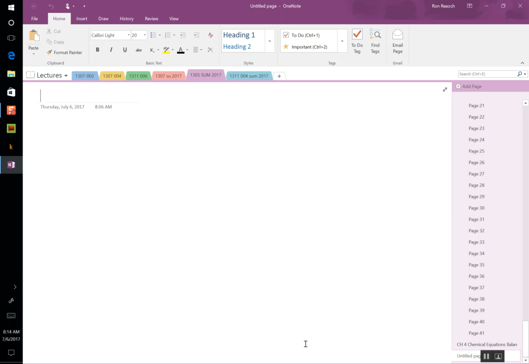So the mole is going to go down here, because that's what we want to cross out. And it's 101.96 grams of aluminum oxide per mole of aluminum oxide. And we convert the moles into grams.